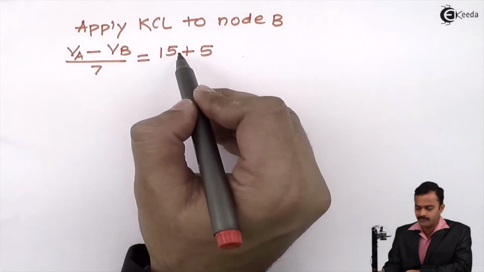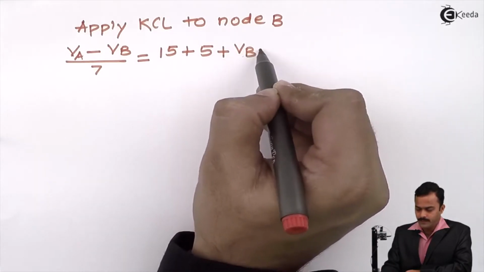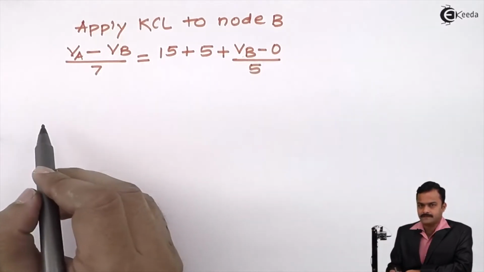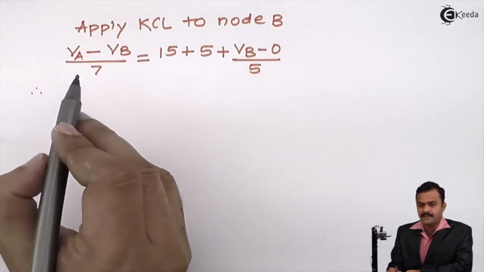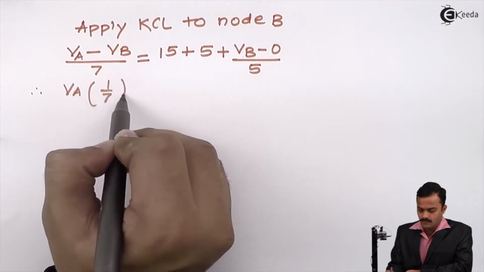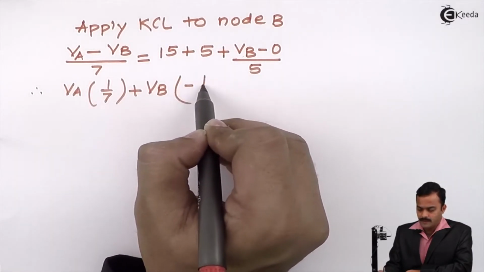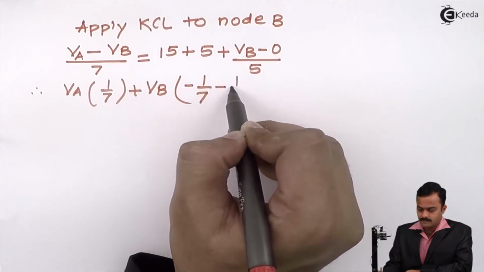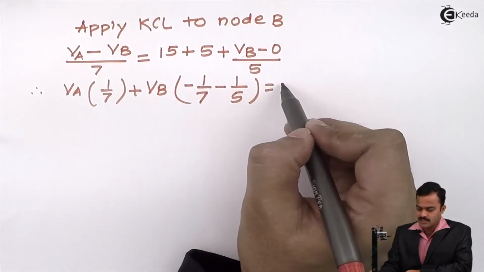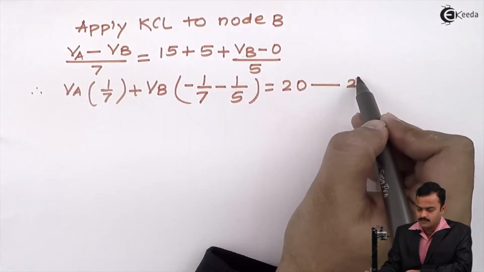So directly I'll write 15 plus 5 plus VB minus 0 divided by 5. So let's rearrange the terms. So VA times 1 by 7 plus VB times (minus 1 by 7 minus 1 by 5). 15 plus 5, the constant will become 20. Equation number 2.